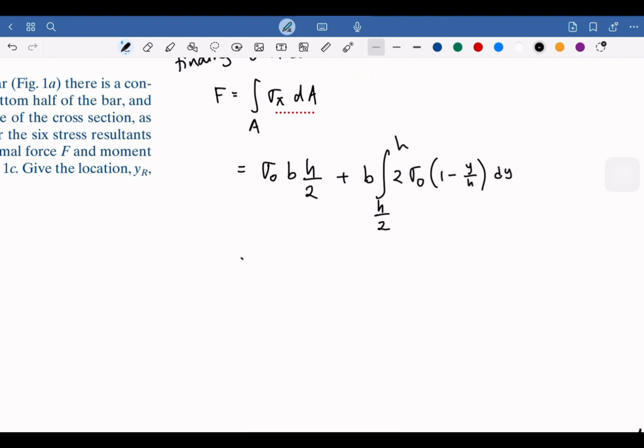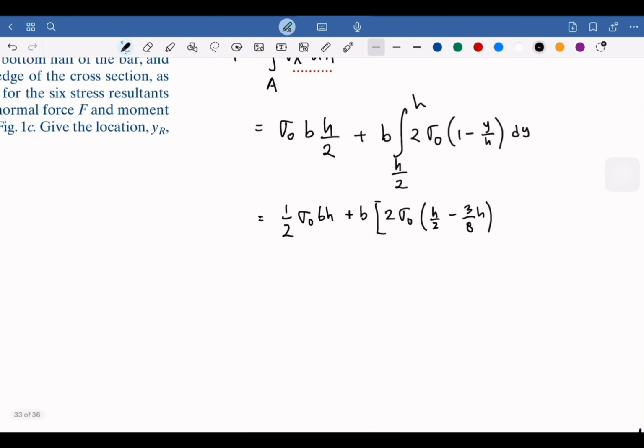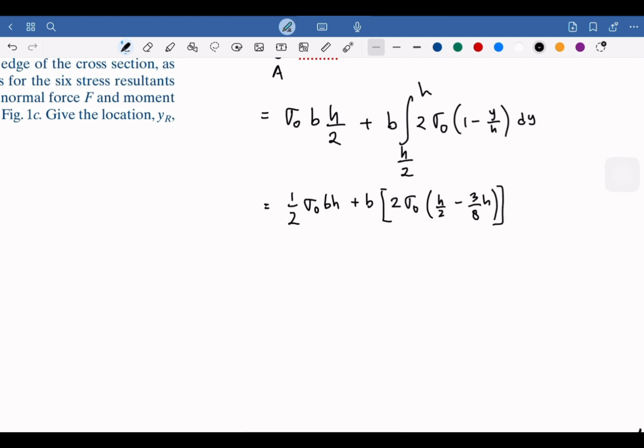We take the integration. After some calculation, let me just go through this part, this will be 3 over 4. So that will be the F.